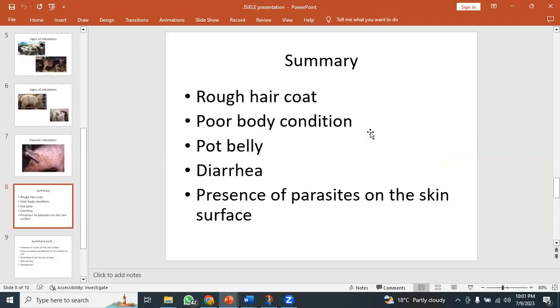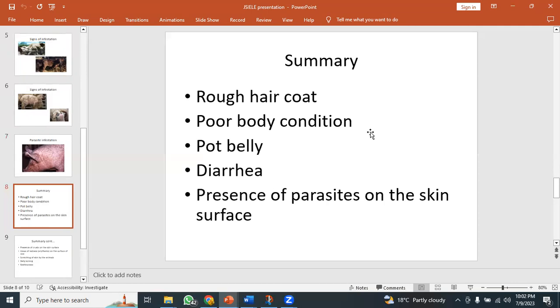So in summary, we've talked about a number of signs that you can see on the surface of the skin of the animals to show that they are infested with either external or internal parasites. So we talked about the rough hair coat. We talked about poor body condition.